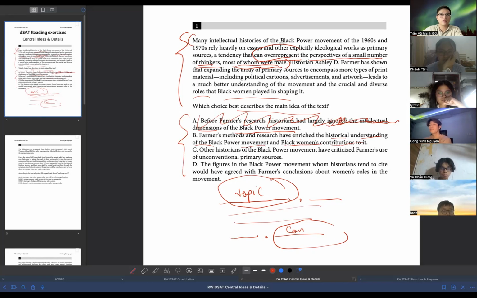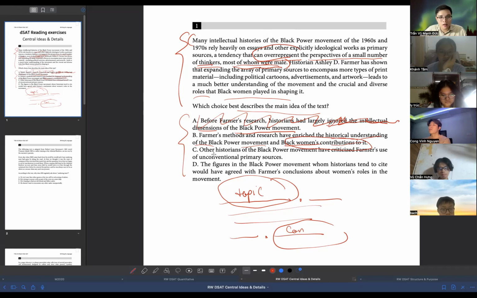It's talking about the way that we are looking for information in books and essays, which are all from males. So it can overrepresent the male population, and it can ignore the Black woman's contribution. So let's see if C and D are still wrong, or if they have less information like this. B will most likely be correct.